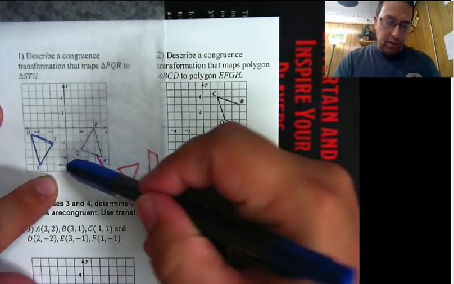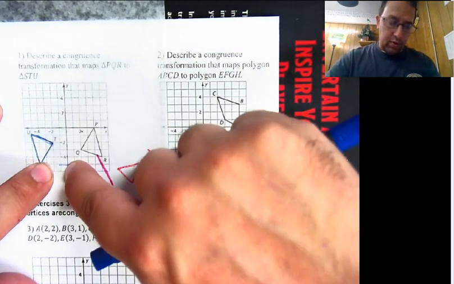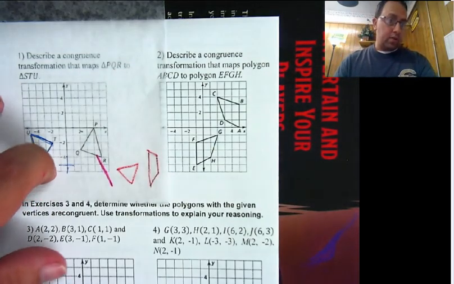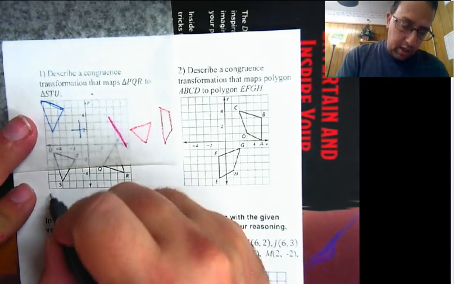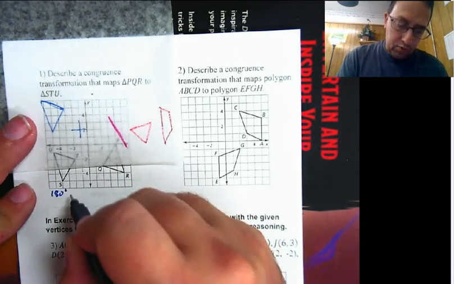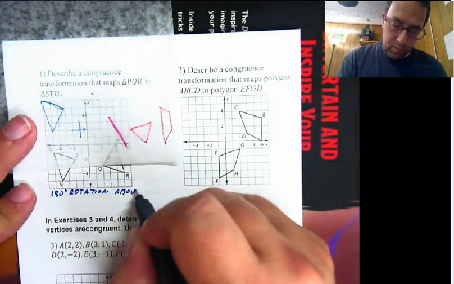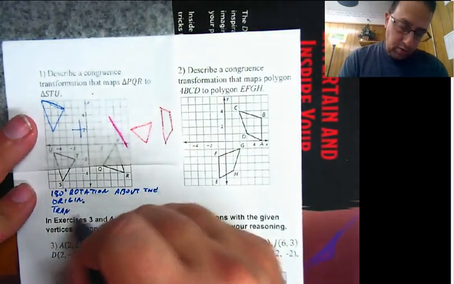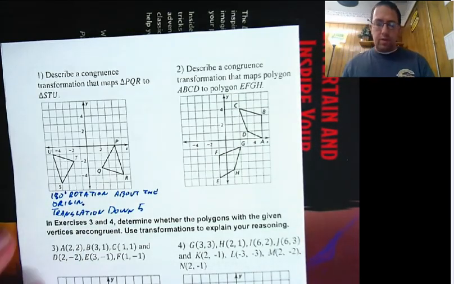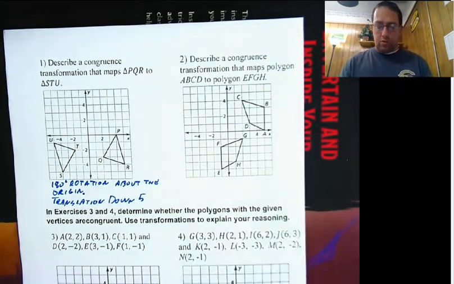And another benefit of marking the origin on here, it went from 0 down to -5, so I moved it down 5 units. Right. So to describe my congruence transformation, I had a 180-degree rotation around the origin, followed by a translation down 5 units. And there it is. There's my description of how I get from here to there to prove that it is congruent.